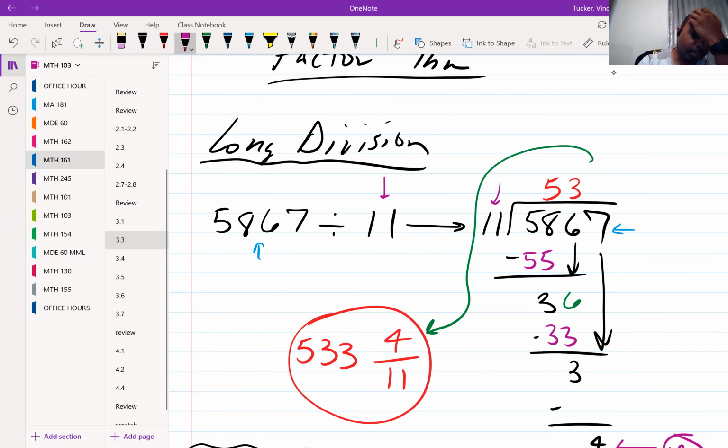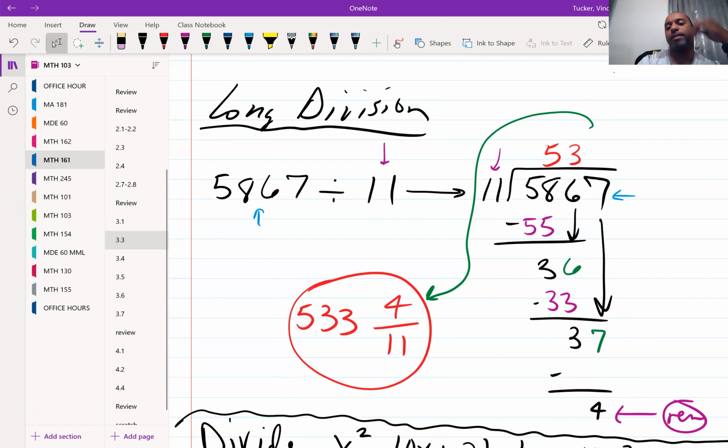Largest number under 36 that 11 can create is 33. So 36 minus 33 gives us 3. Bring down the next digit, which is a 7. That makes 37. 11 goes into 37 3 times, giving us 33 again. Subtract those, and then that'll give us 4.